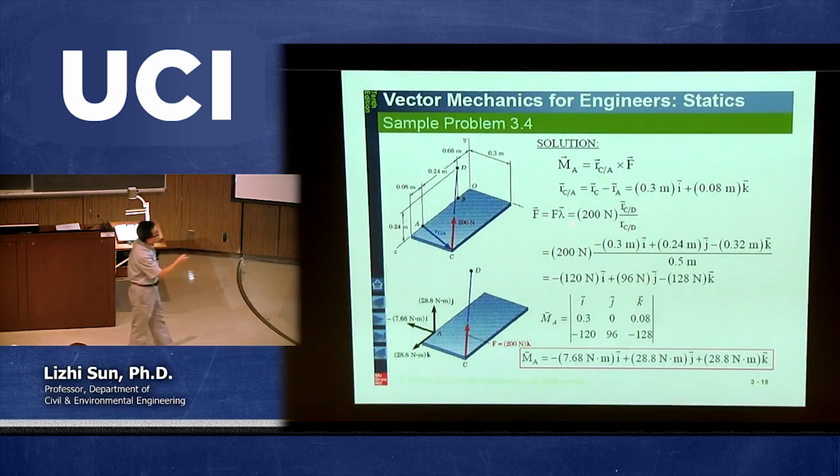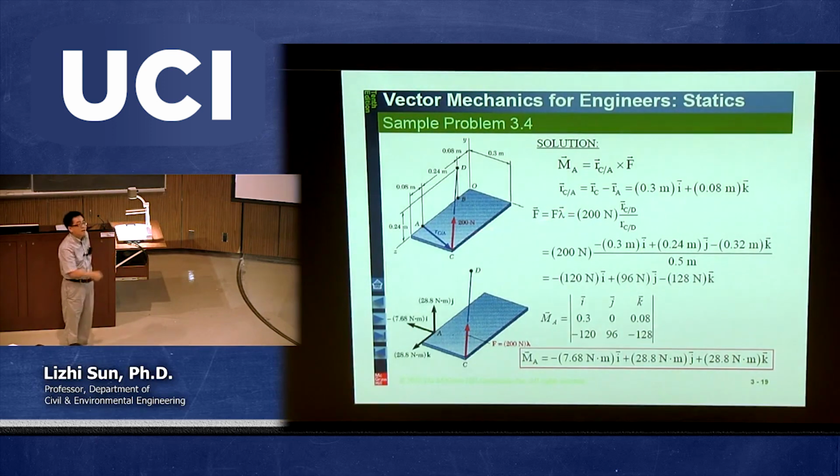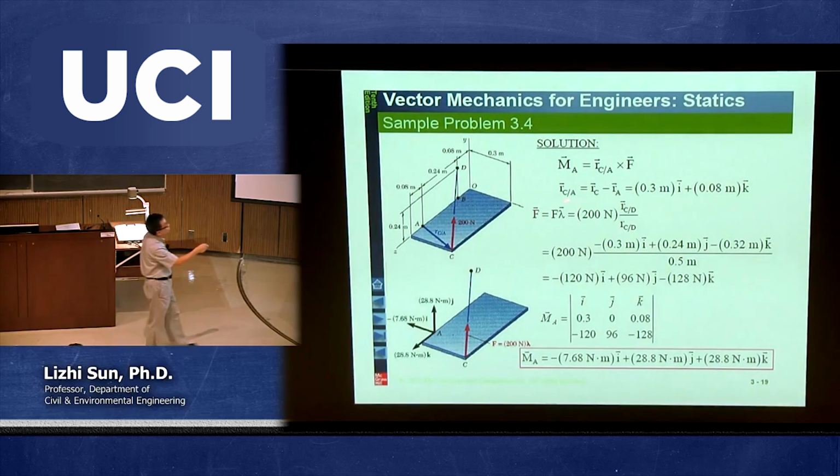The force, which is a vector, is always equal to the magnitude of the force multiplied by the unit vector. So we need to recall what we did in chapter 2. So this is always the equation to calculate the force vector. The magnitude, we're given, is 200 Newton, multiplied by the unit vector. What's the unit vector in chapter 2? All we need to do is to find two points.